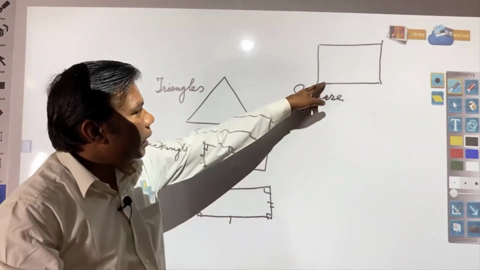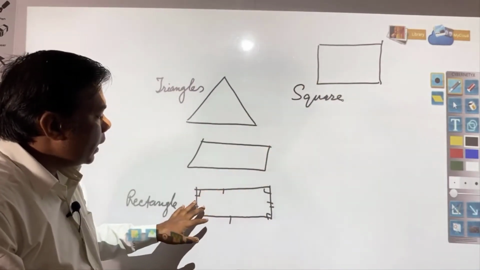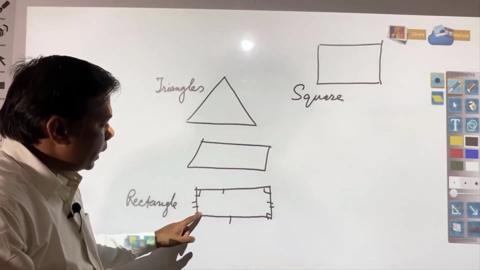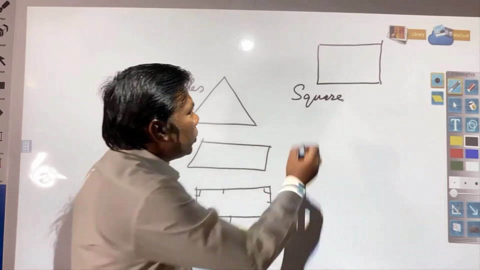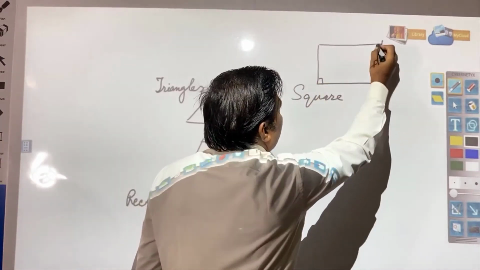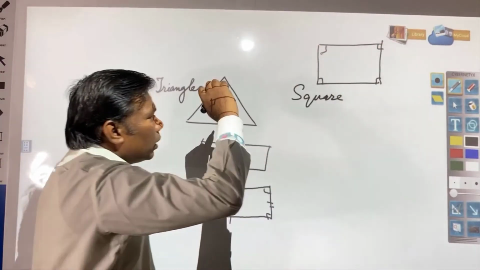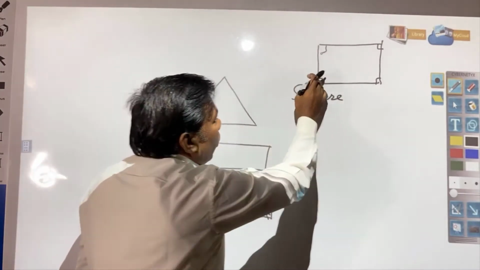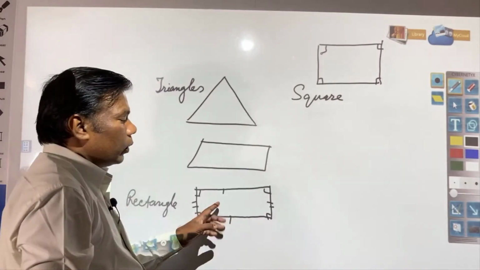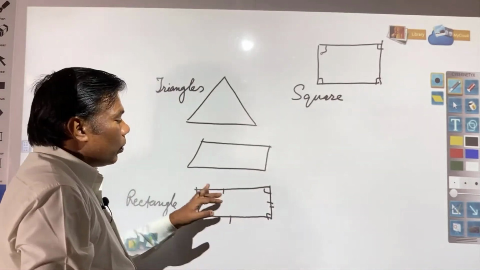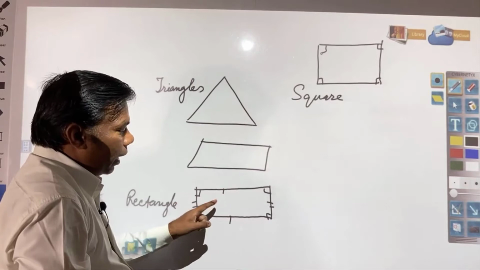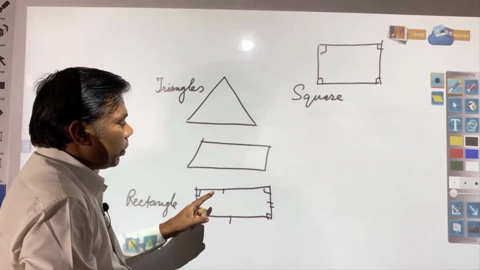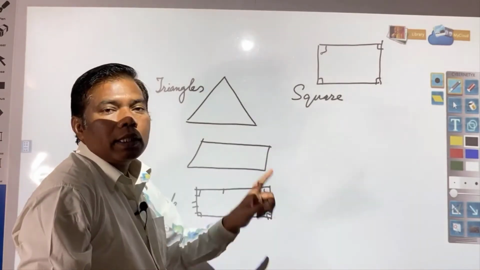What similarity and difference do you have? The similarity is that each angle is 90 degrees in both. The difference is that in a rectangle opposite sides are equal, but in a square all the sides are equal. In a rectangle you don't have all sides equal. So if all sides are equal, it becomes a square. All squares can be said to be rectangles, but all rectangles cannot be said to be squares.